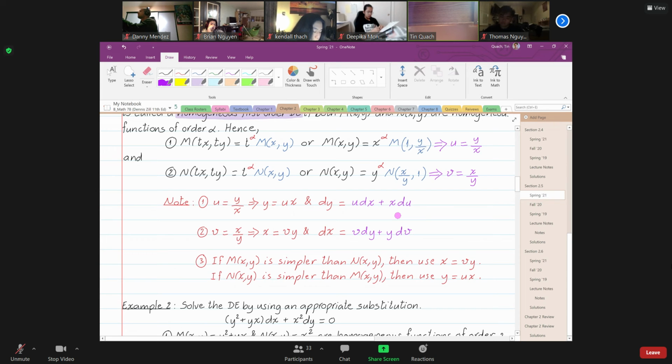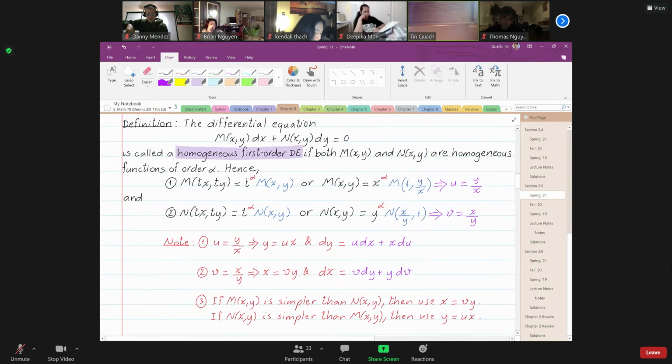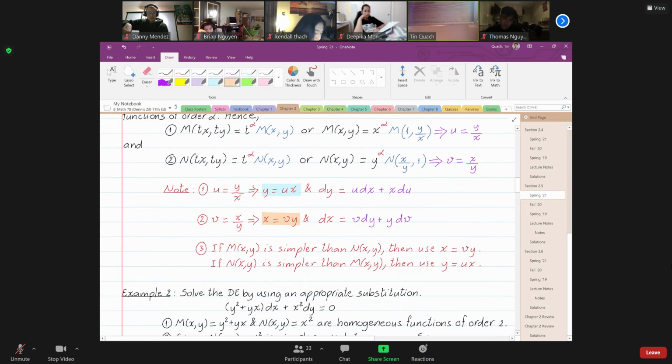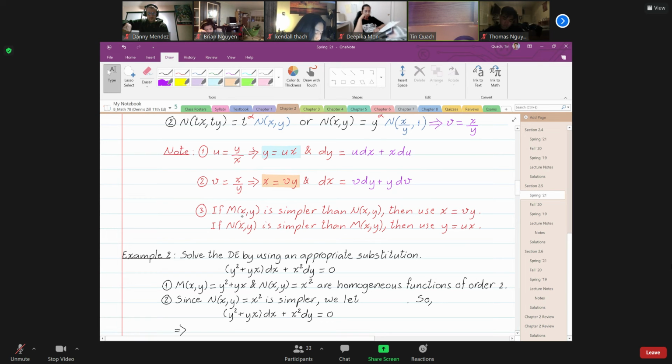So there are two ways you can make the substitution. You have this, and you have that. So how do you know which one to use? So here it says, if M is simpler than N, then you use the x substitution.